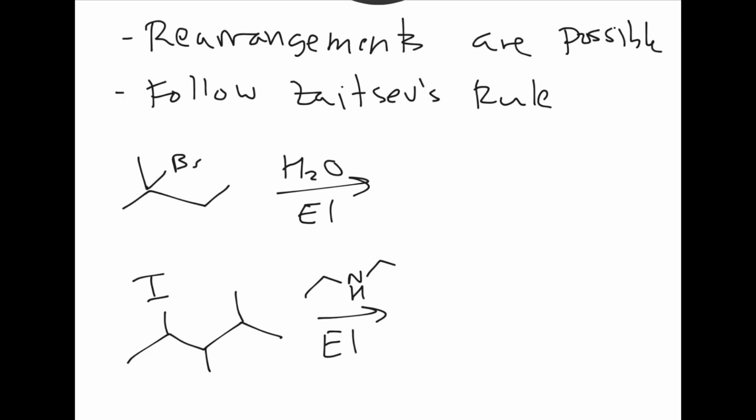So in this first one, alpha, beta 1, beta 2, beta 3. Beta 1 has 2 hydrogens. Beta 2 and beta 3 both have 3. So we're going to make the double bond towards beta 1.